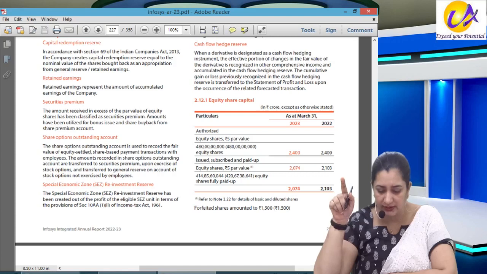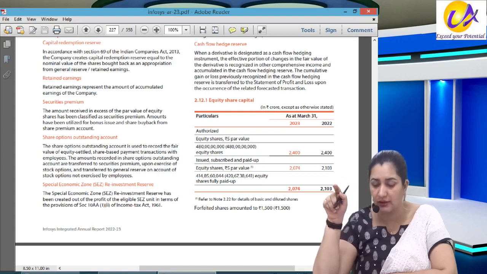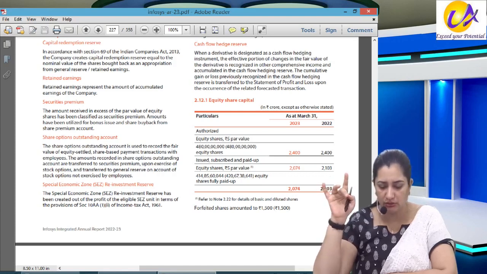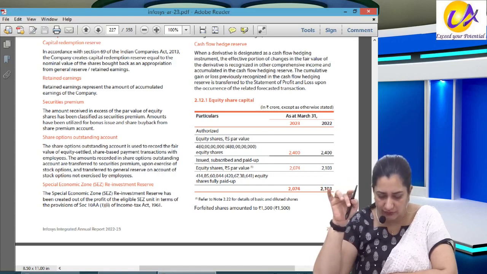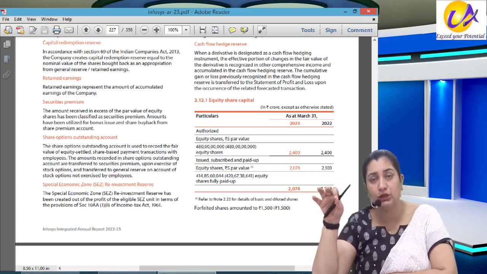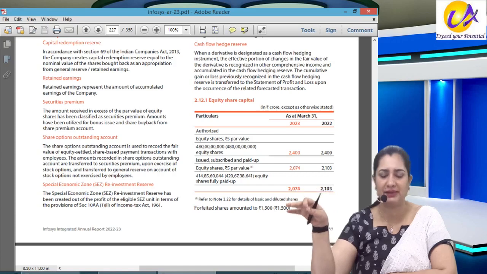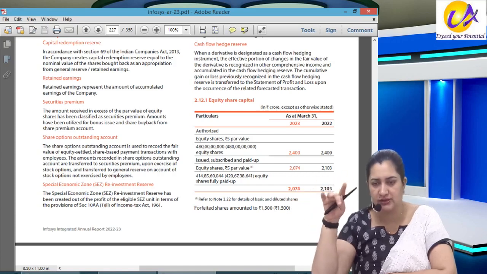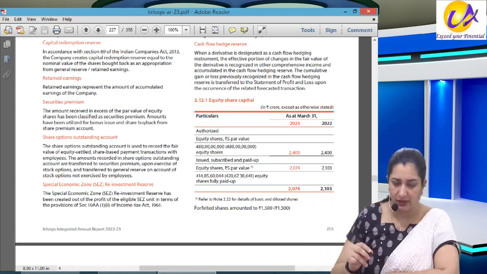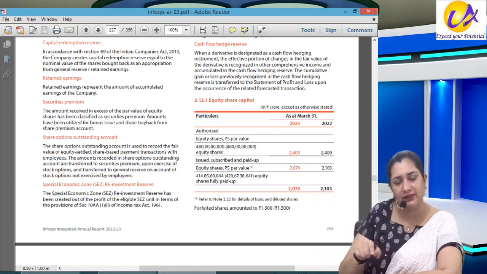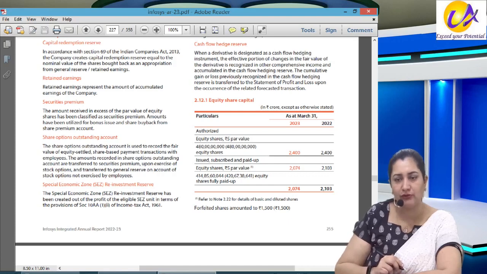Rupees in crores. This is now 2,400 crore rupees. So how many crores? 480 crore shares of rupees 5 each. Issued, subscribed and paid up is given. So many shares are fully paid. Forfeited shares also they have given. Can you see? Forfeited shares amounting to 1,500.